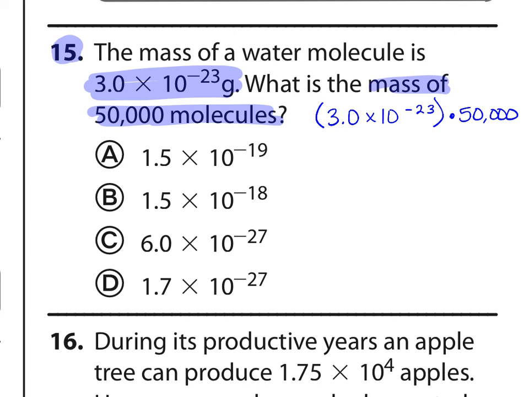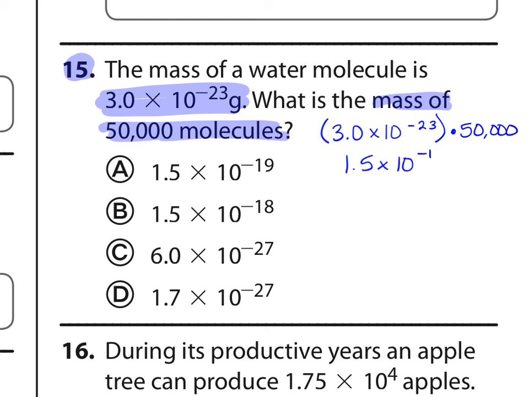And so we can just go to our calculator and type it in, and it will give you 1.5 times 10 to the negative 18th power in your calculator. And that matches answer choice B.